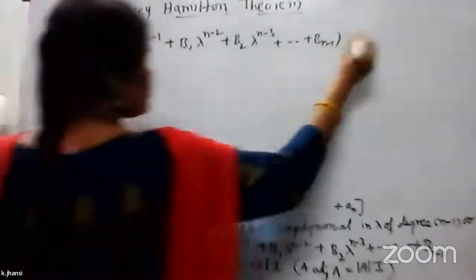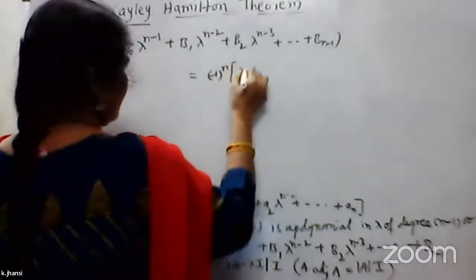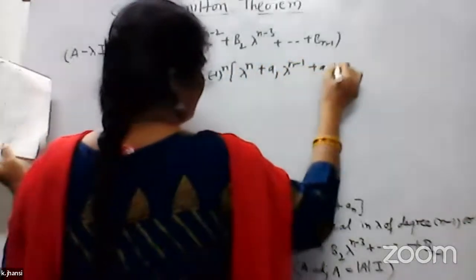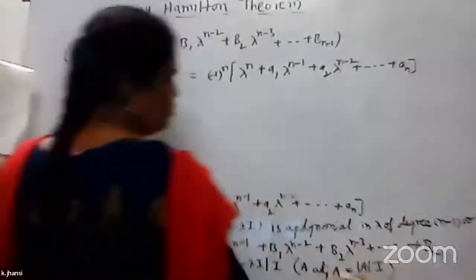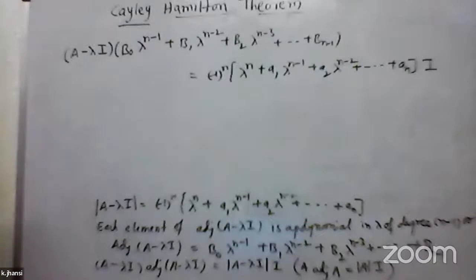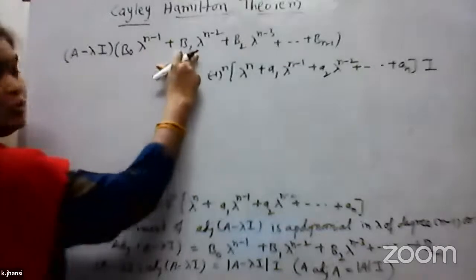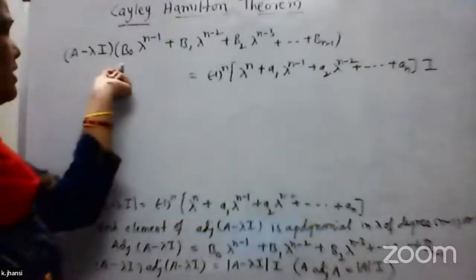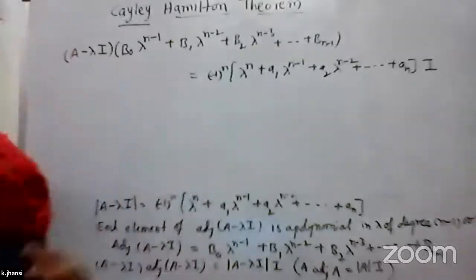This equals, if you want, you can write, minus 1 to the power of n lambda to the power of n plus a1 lambda to the power of n minus 1 plus a2 lambda to the power of n minus 2, and so on up to an into I. That is the identity element we have. Here you multiply A into this one and also minus lambda into this one, and equate the right hand side and left hand side.